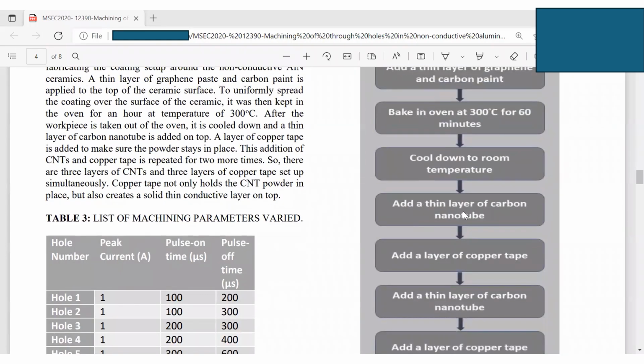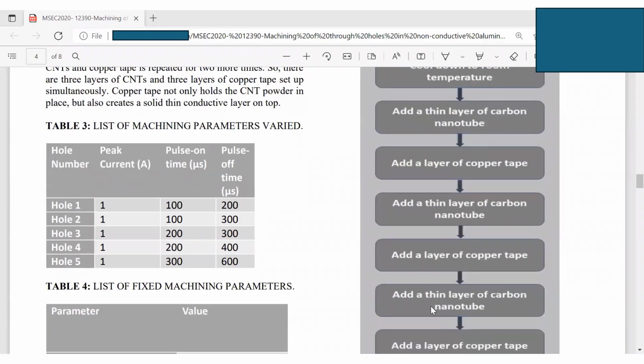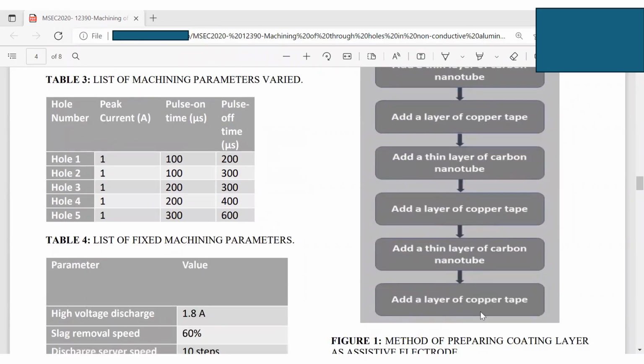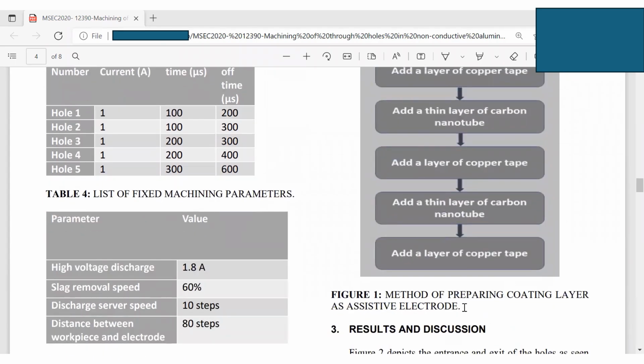Then we add a thin layer of carbon nanotube and a layer of copper tape, then another thin layer of carbon paint, another layer of nanotube, and a layer of copper tape. So this is how we prepare the non-conductive workpiece.